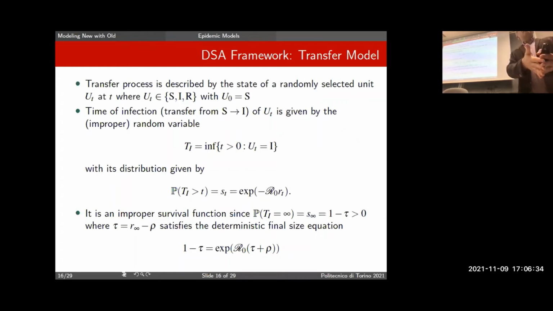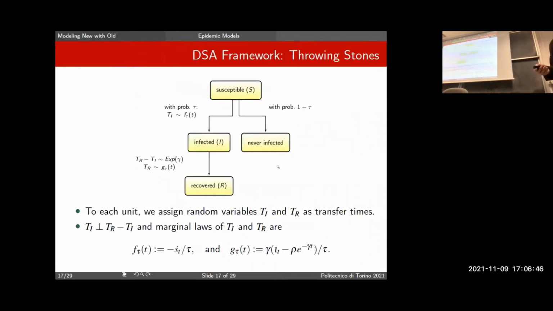If that individual was an I initially, then at some point this individual will recover, and that will be the end for that person. If this individual is an S, then they have the following choices. They can be infected with some probability, which I will call tau, or they can stay uninfected with probability 1 minus tau. If they stay uninfected, they're safe. These are the survivors, the people who never got infected.